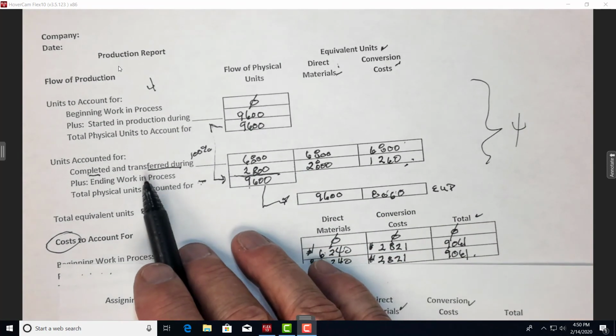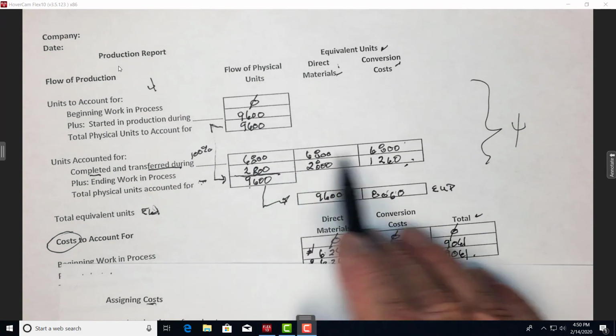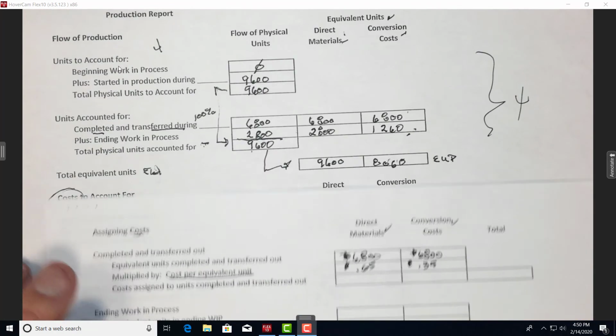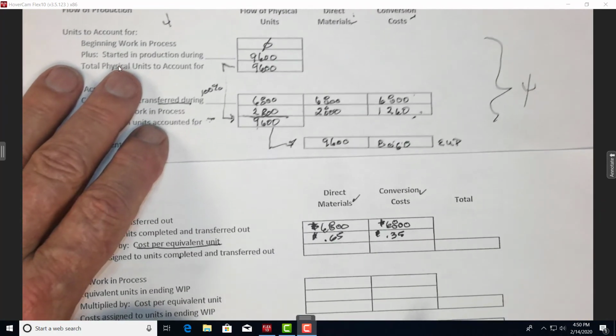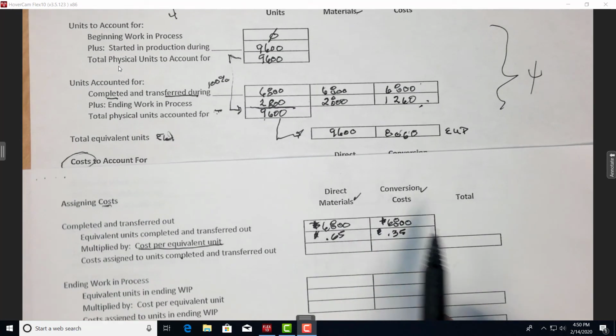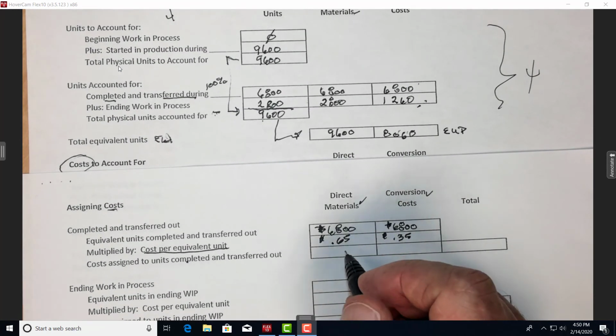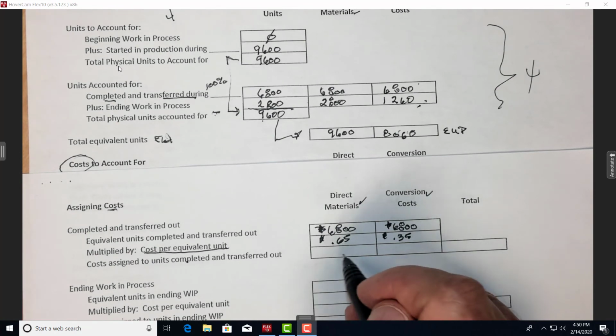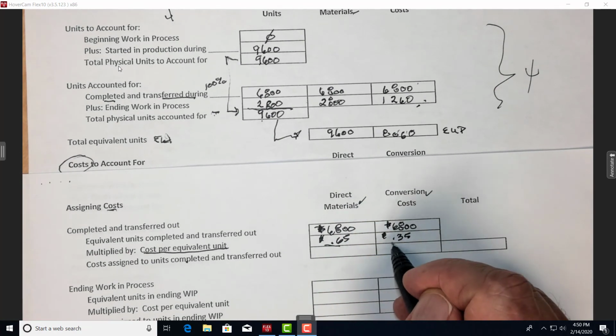We go back to the physical units up here. Completed and transferred out, 100% completed. So we take that number and multiply it by the cost per unit, 65 and 35.